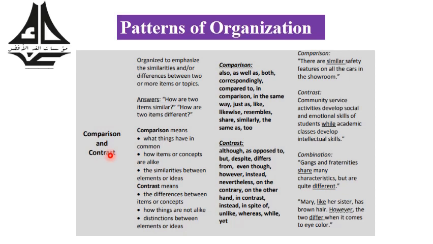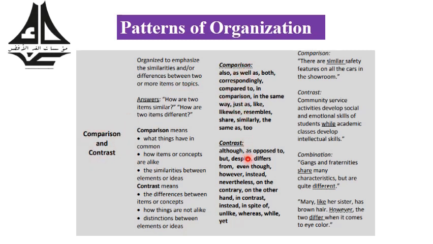If the paragraph mentions differences between items or concepts, meaning how things are not alike, then the pattern of organization is contrast. If the paragraph mentions or emphasizes the similarities and or differences between two or more items or topics, then the pattern of organization is comparison and contrast.